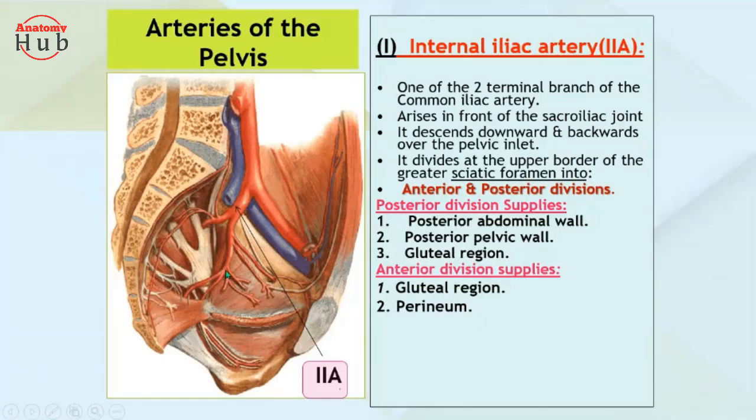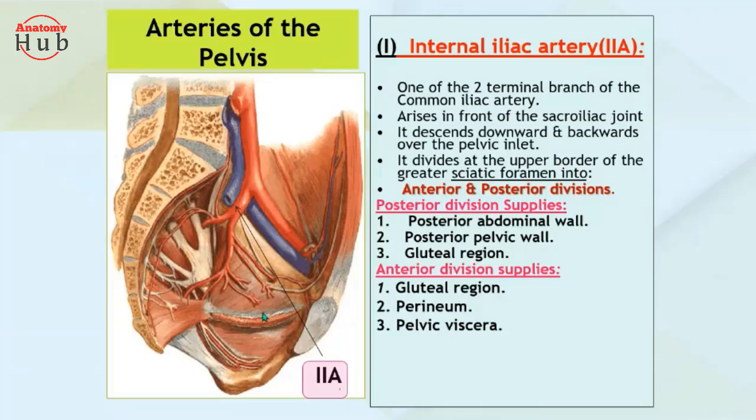Then the branches are coming towards the perineum. Here you will see, this is your perineum. So the branches will also supply the perineal region and the pelvic viscera, meaning the uterus, the bladder, the prostate, the urinary bladder, the rectum.